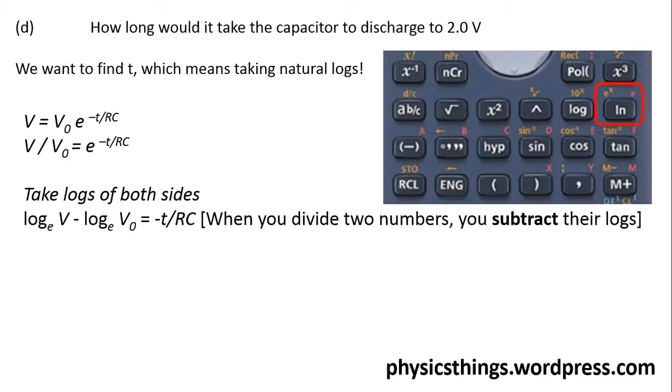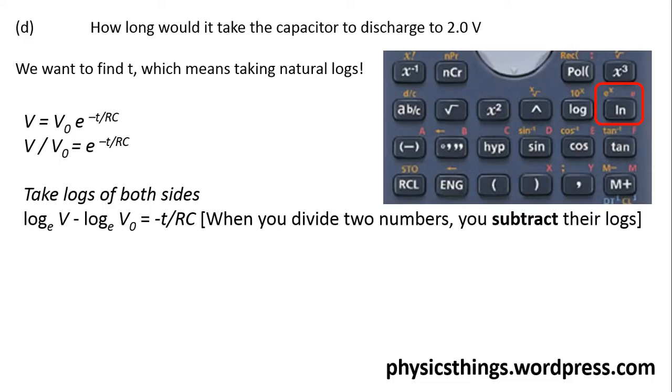And when I do that, I get that ln V minus ln V naught is equal to minus t over RC. Taking the log of an exponential makes it disappear and brings the power down. And why are we subtracting those there? Well, when you divide two numbers, you subtract their logarithms.